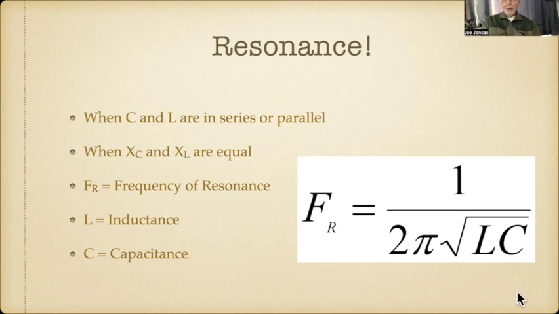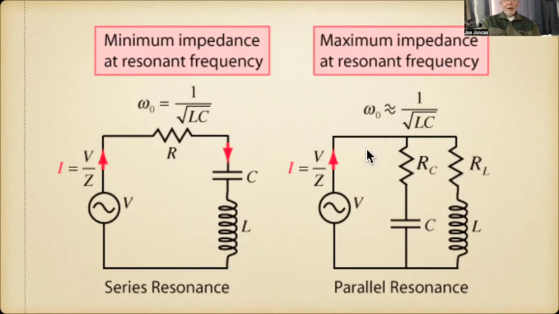So anyway, here's series, a capacitor and an inductor. They're hooked in series, and this is the formula if you want this, but otherwise it's 2 pi LC.